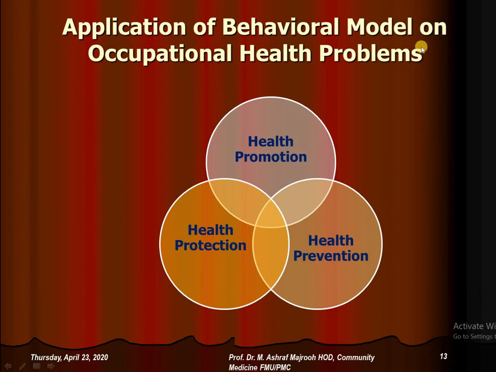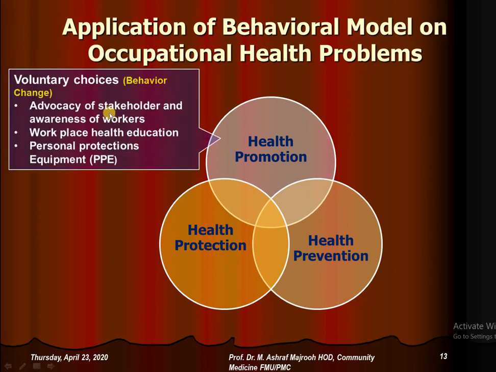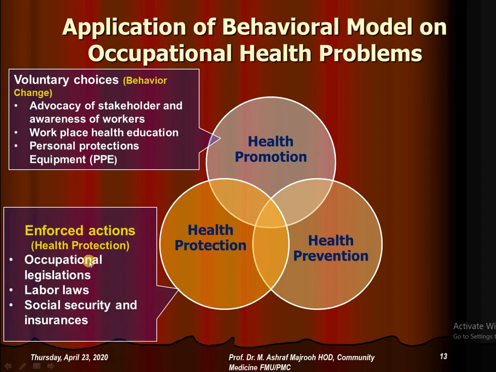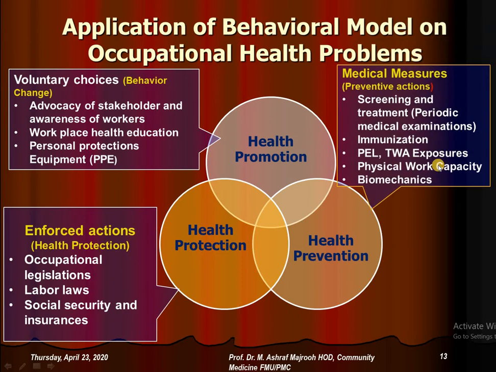Then an example of the application of the behavioral model on occupational health. In occupational health, the health promotion actions are for voluntary choices, the advocacy of stakeholders, awareness of the workers, workplace health education, personal protection, and personal protection equipment. Then occupational legislation, labor laws, social security, and insurances in health protection.